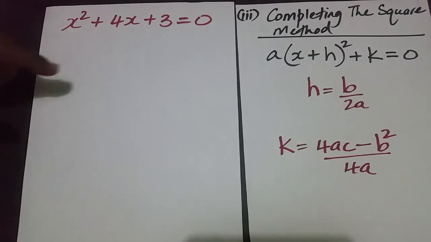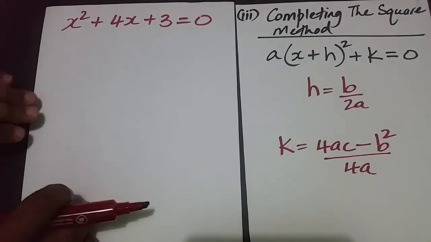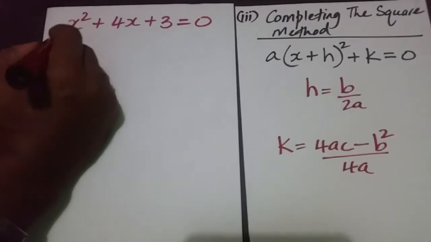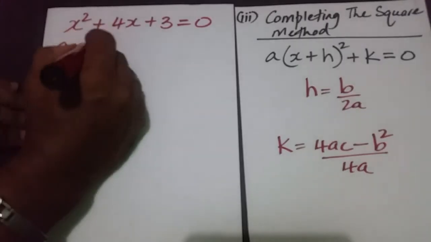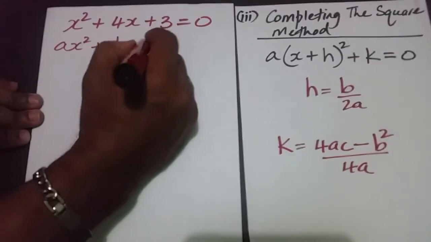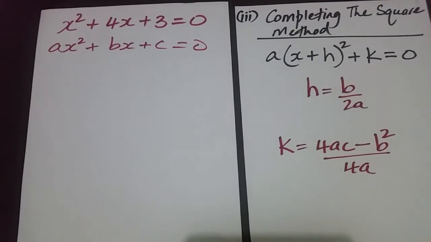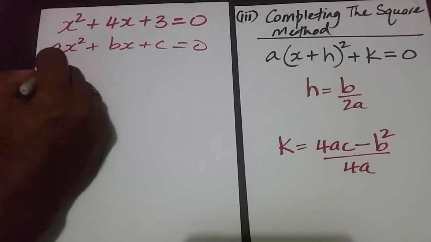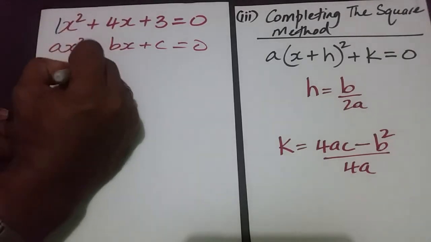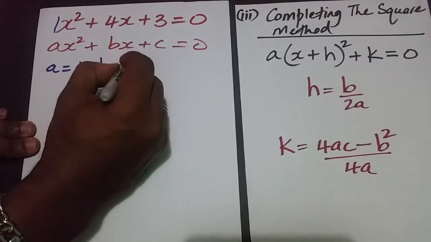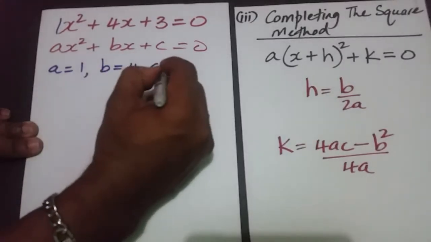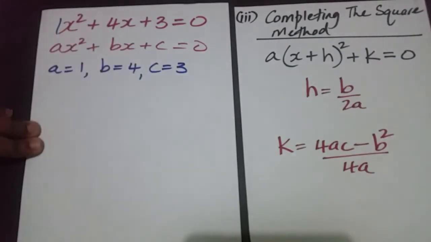So again, we're asked to solve this quadratic equation, and always check to see that it's in the general form. When you look at that, you can clearly see that it is in the general form, and therefore we are able to pick out the values of a, b, and c. So a here is positive 1, b is positive 4, and c is positive 3.